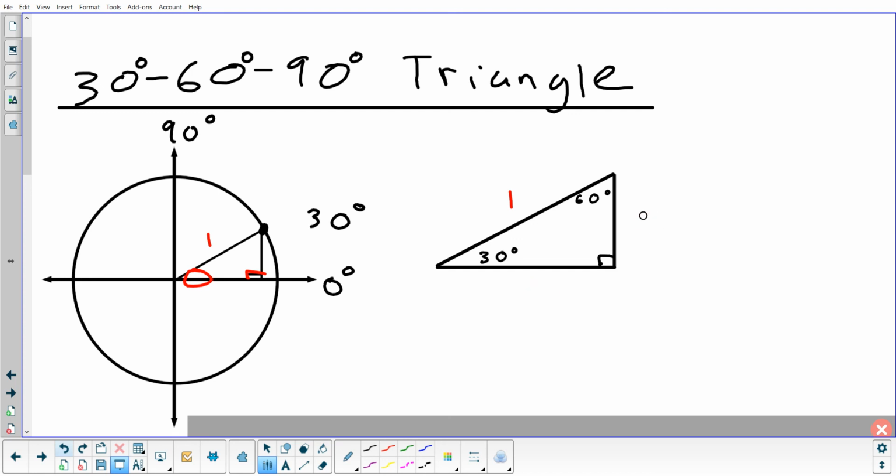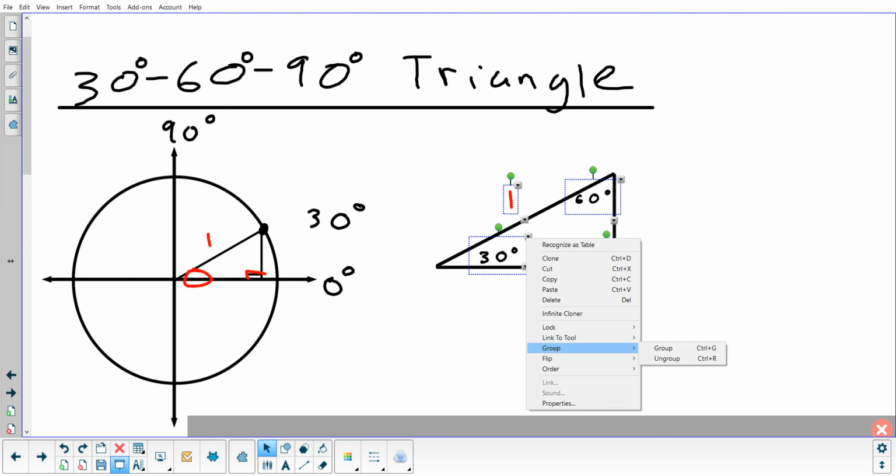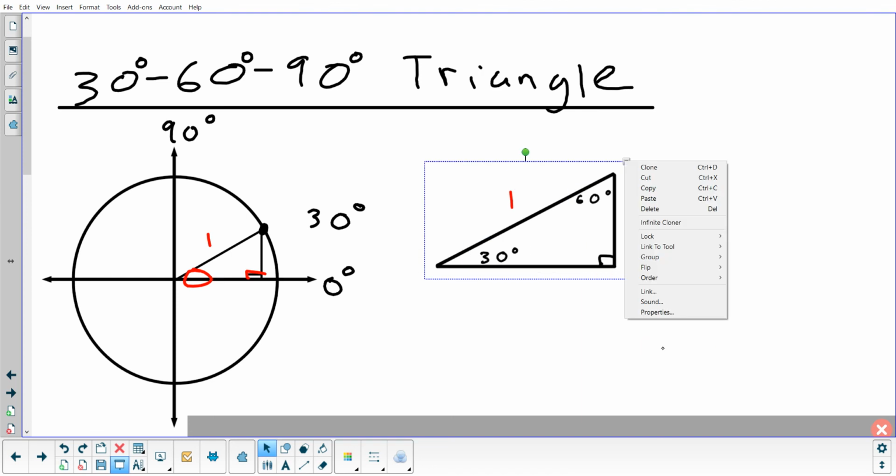So, we can still use Pythagorean theorem, but we have to figure out one of these other sides a different way first. We got to do something different. Okay, and my hint is going to be to take this and go like this.